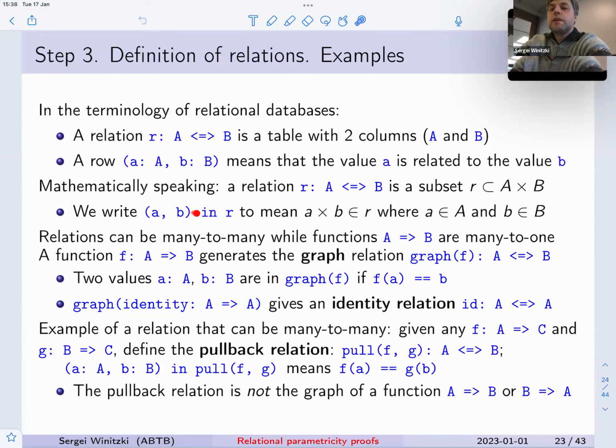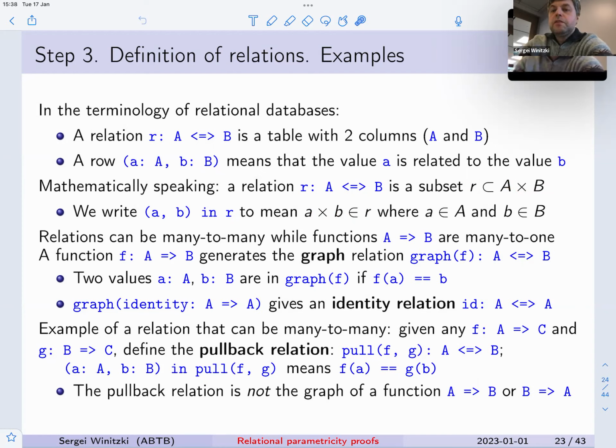And so we write (A, B) is in R. Mathematically it's the same, just in a different notation. That's to say that the pair (A, B) belongs to this subset R, which is a subset of the Cartesian product of A and B.